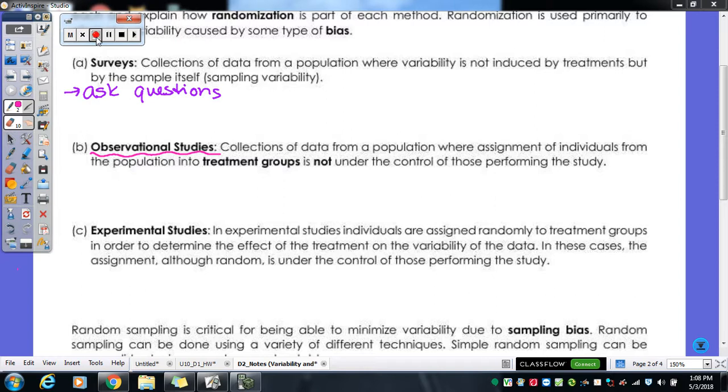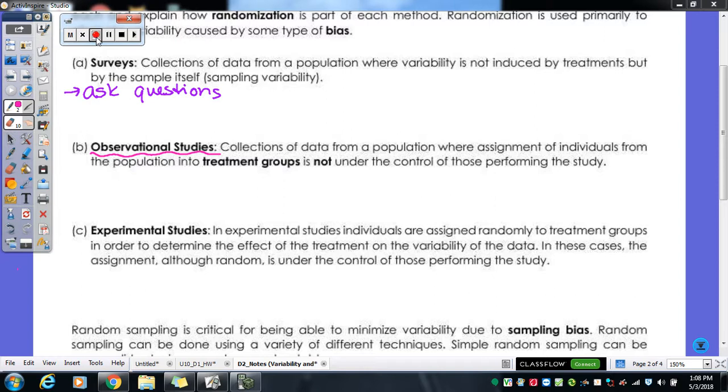For example, a health organization might want to explore whether a person's state of residency has a relationship to their income level. They might look at income levels, like this section here is lower income versus this section, and then they see what's going on between the two of them. They didn't put them in those groups. Those people were already naturally in those groups, and they were just observing what was going on.